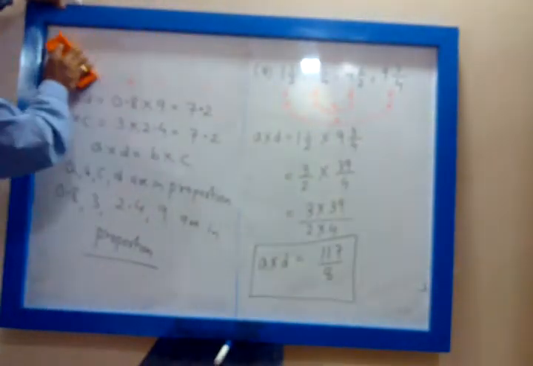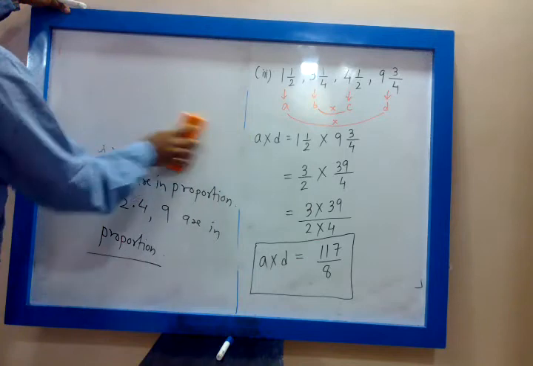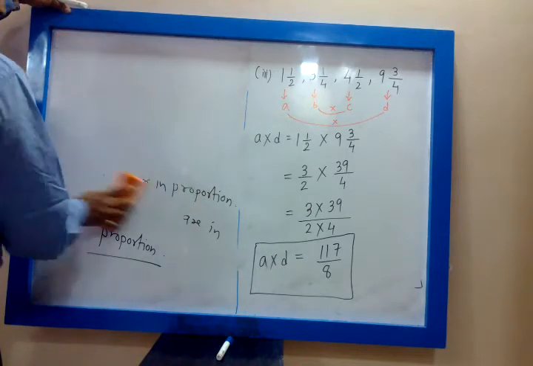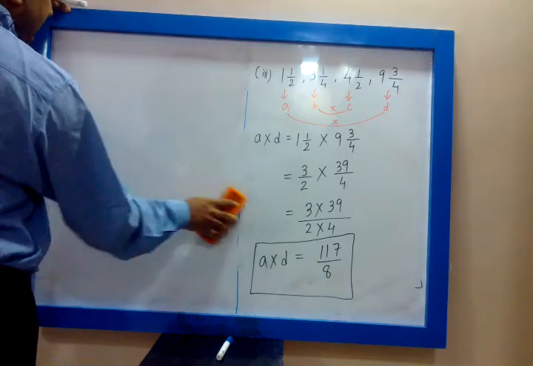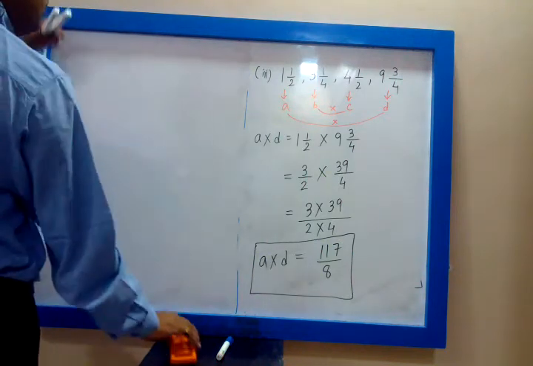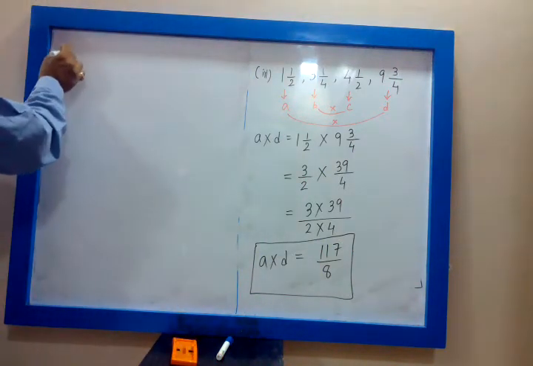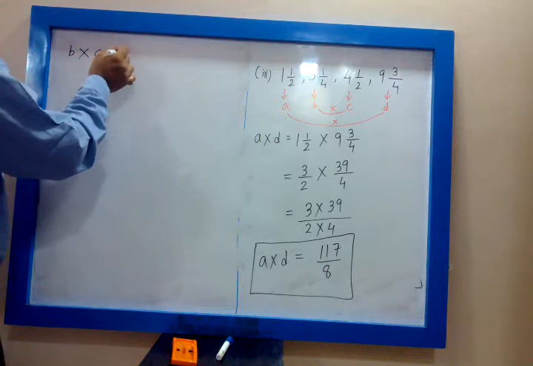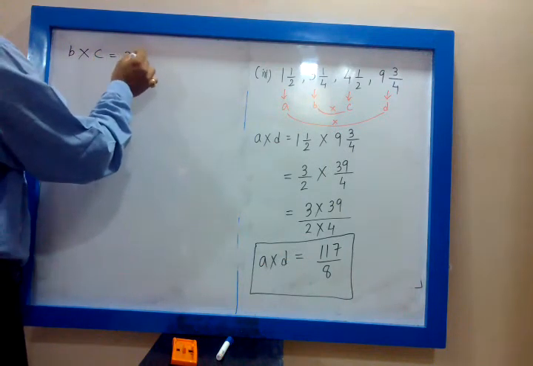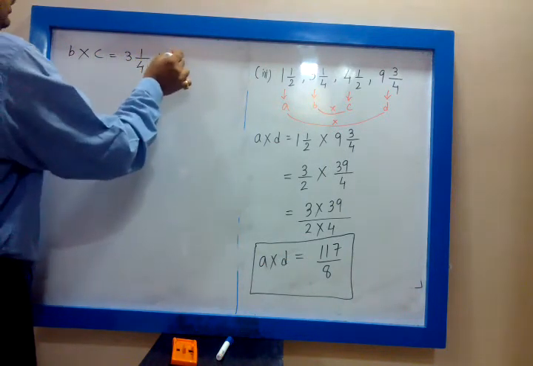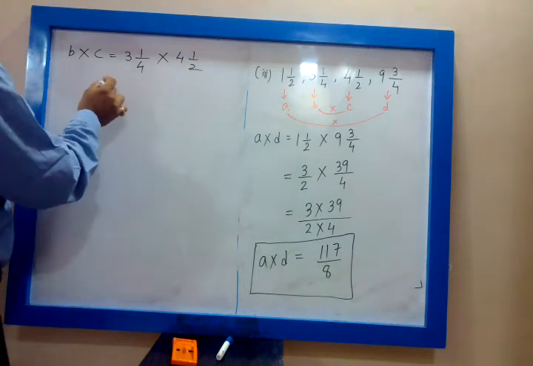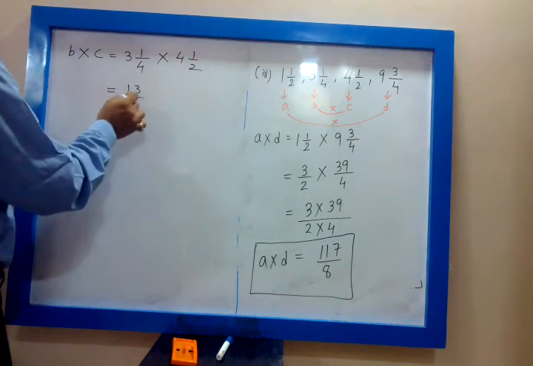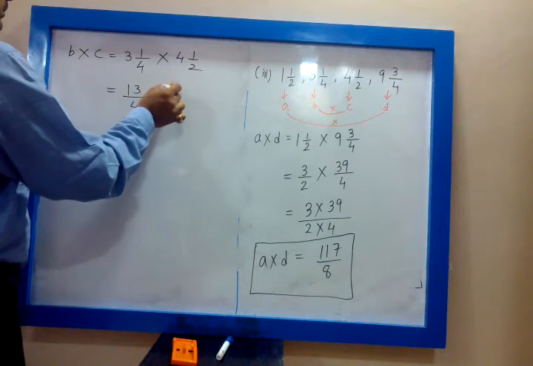Let us find what is B into C. Product of means. Means is 3 is to 1 by 4 into 4 is to 1 by 2. 3 is to 1 by 4 is 13 by 4 and this is 9 by 2.